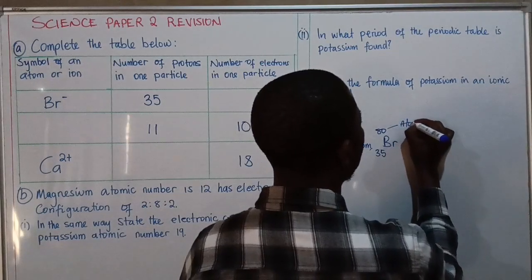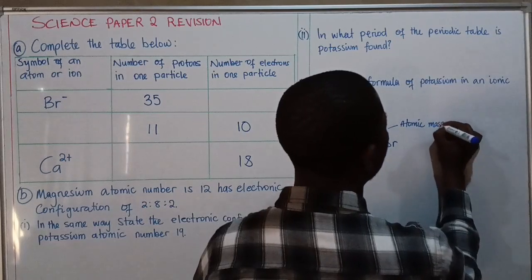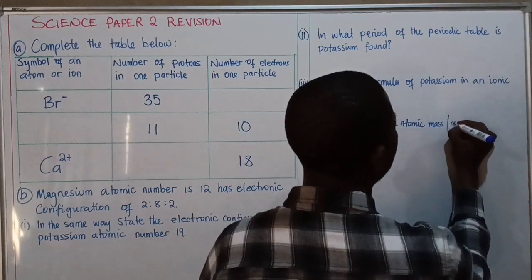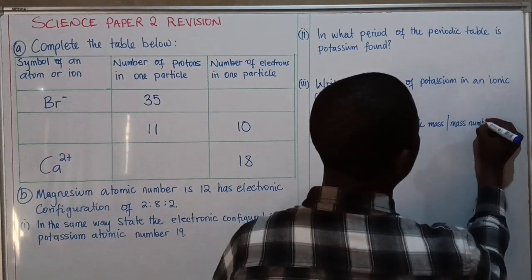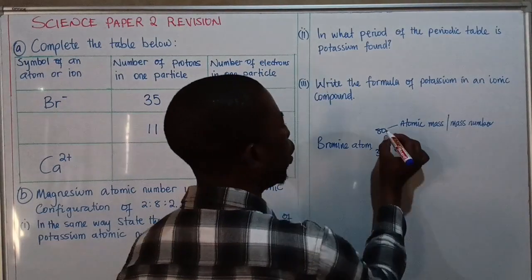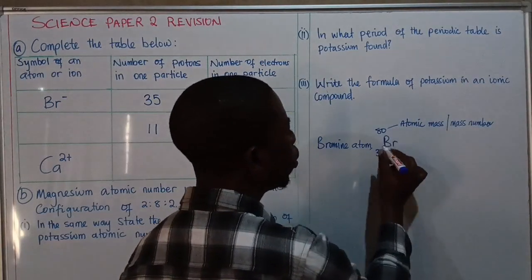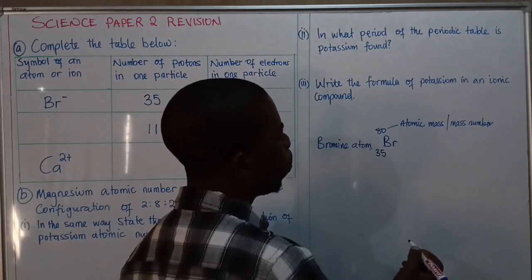This one represents atomic mass, which we also call mass number. That is what you should know. This is 80, guys. So 80 is supposed to be atomic mass or mass number.